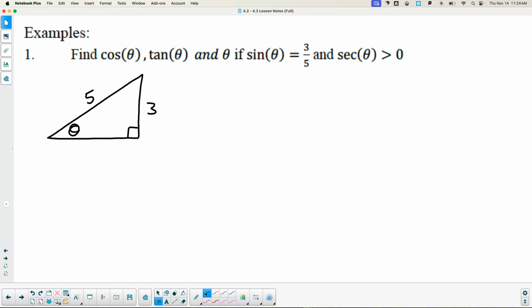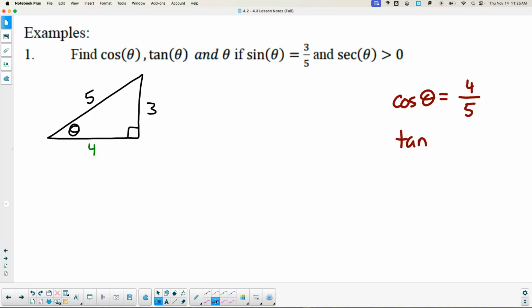Okay, what's my missing side? 4. Pythagorean triple. So what's the cosine of theta? It's 4 over 5.